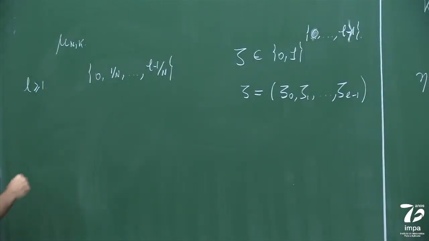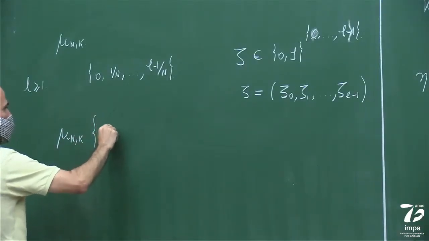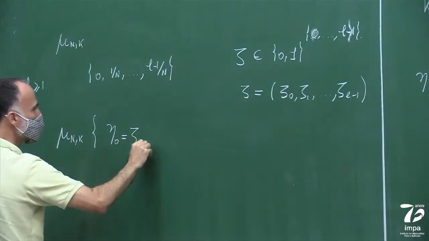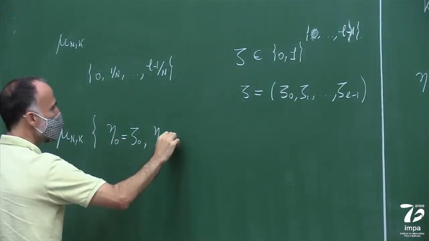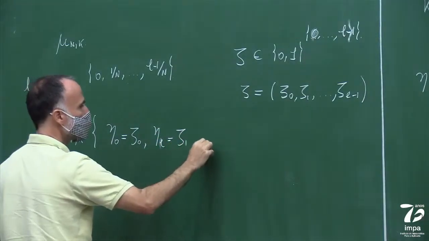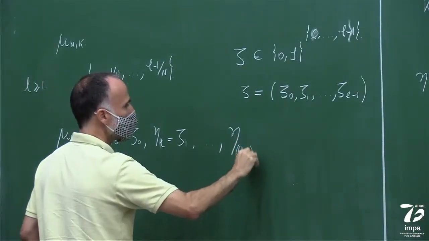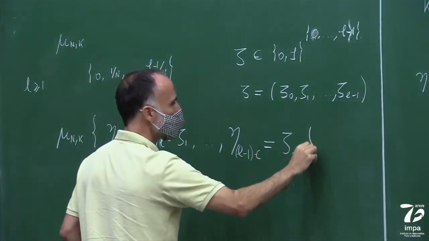And my question will be, what is the probability that eta 0 is equal to zeta 0, eta 1 over n is equal to zeta 1, up to eta L minus 1 over n is equal to zeta L minus 1.